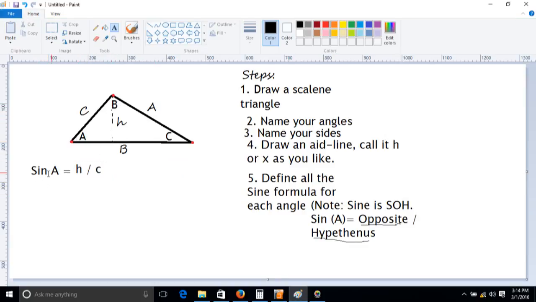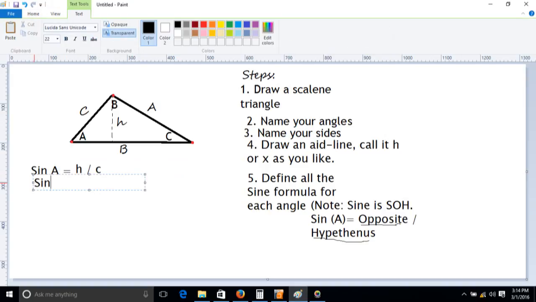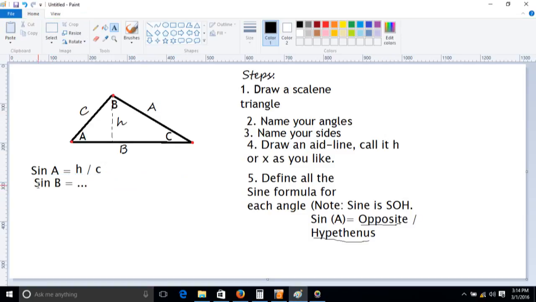We cannot define B right there, so we leave it as dots. So next we go to sine C. We know that the side opposite to C is the height line H. That's the function of this height line, so we can define a sine formula.